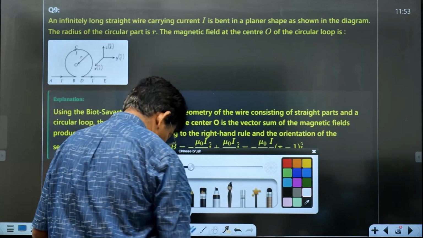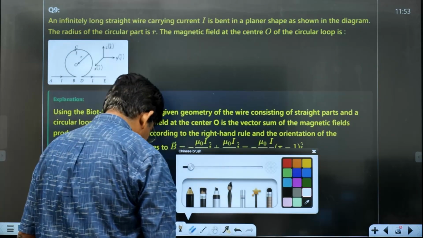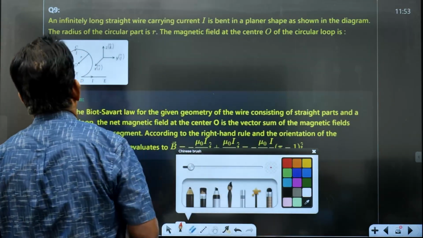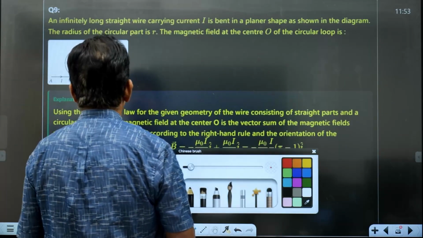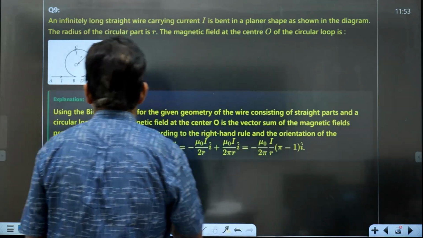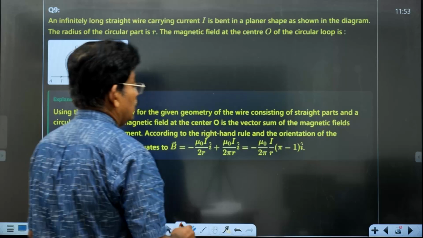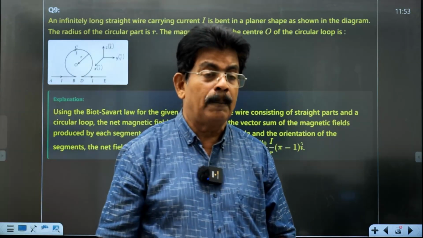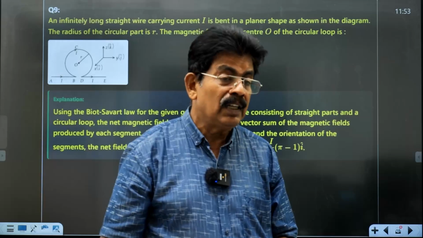Now, the magnetic field at the center is caused by this long straight wire. Almost we can treat it like an infinitely long wire, at a point at distance R.